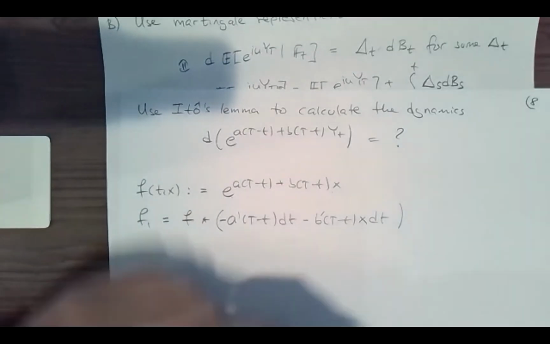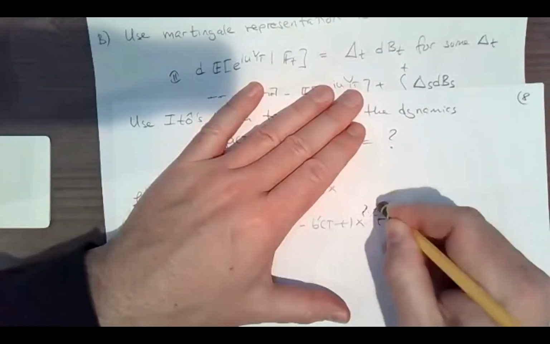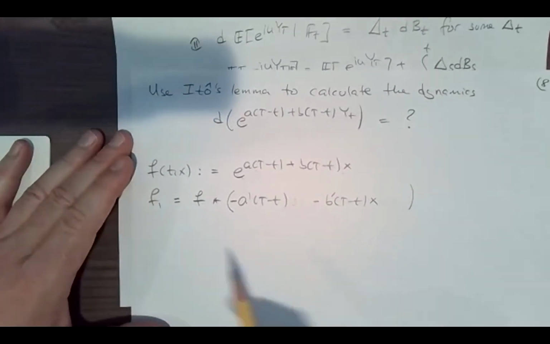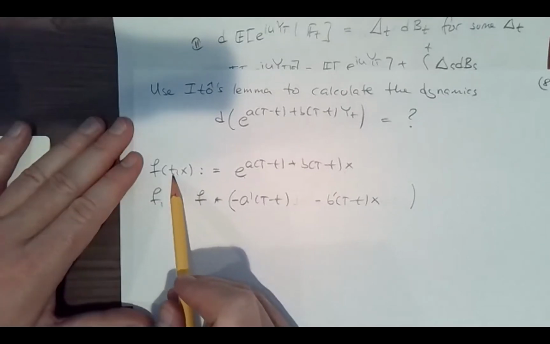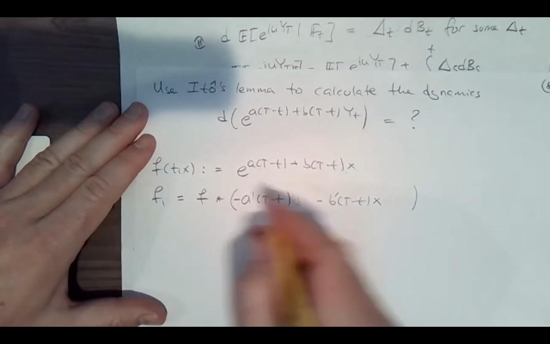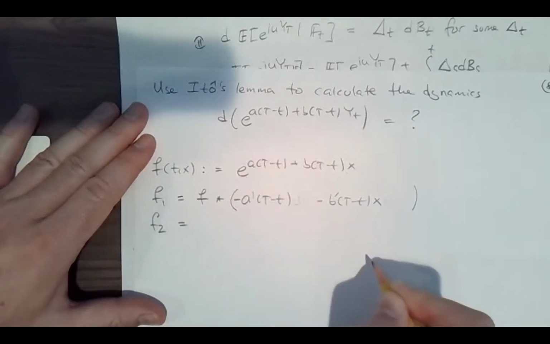So that was f1 dt. Maybe I can just eliminate these dt's and put them back on when we do the formula. So this was the derivative with respect to the first entry, little t. And then we have f2, so that's going to be the derivative with respect to x. It's the same story.